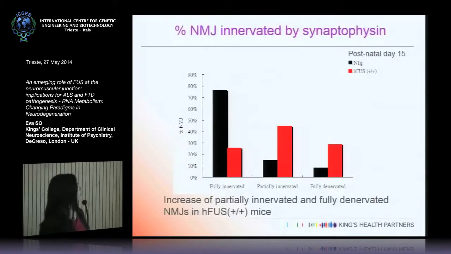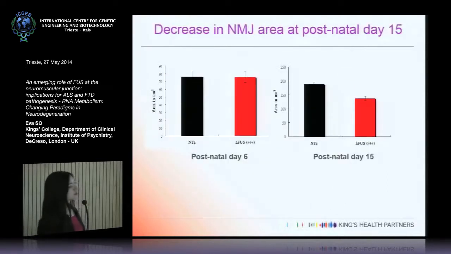So here it shows the percentage of NMJs innervated by synaptophysin at P15. So you can see that there is an increase of partially and fully denervated NMJs in these mice compared to the non-transgenic.